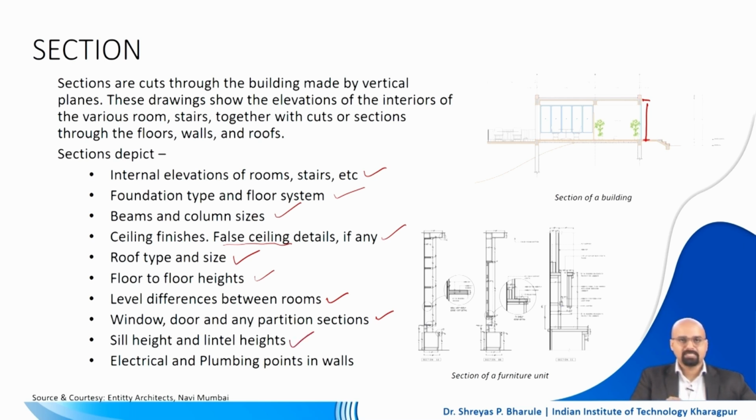You have to mention the sill height and the lintel heights, which can be marked with dimension lines, and the location of the electrical and plumbing points in the walls of different rooms and sizes, right. So all of these are to be taken care of in the section drawing when we are doing a section.